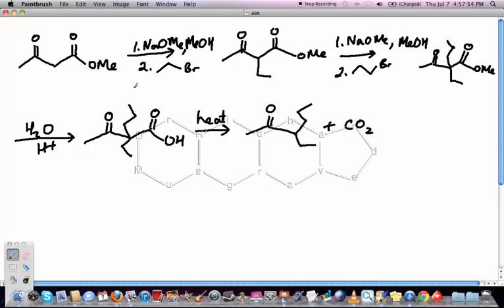In the first step, what we're using is the acetoacetic ester, and here we've got a base, and it's sodium methoxide, NaOMe, in methanol. So the active ingredient here is OMe minus, and that will take a proton off the carbon that lies in between the two carbonyl groups, which leaves us with this anion right here.